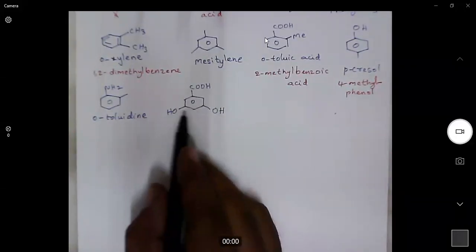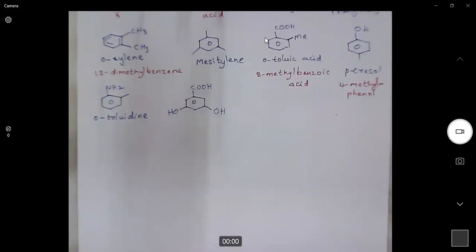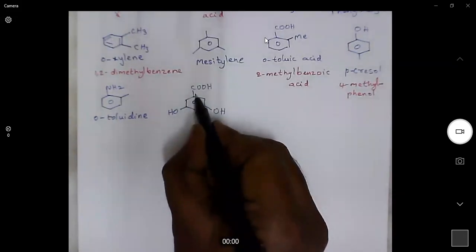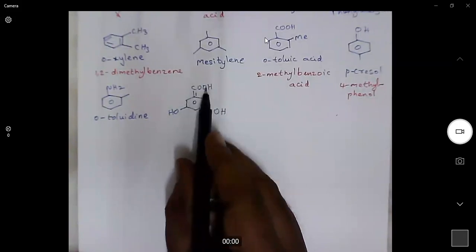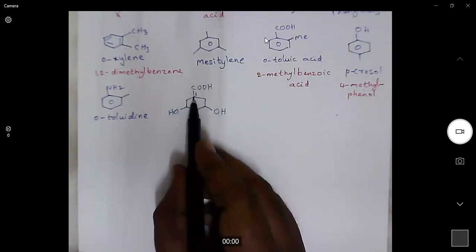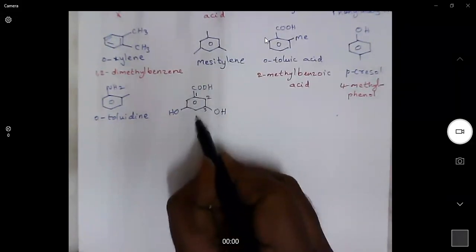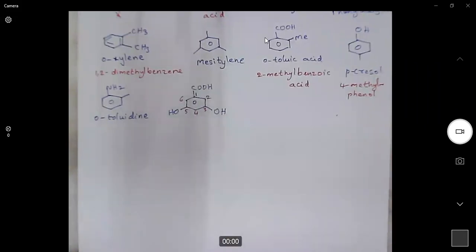So these two OH groups become substituents. When we want to give the numbering, we must start the numbering at the first priority functional group. So the carbon where COOH is attached will get the first number. So 1, 2, 3, 4, 5, 6.